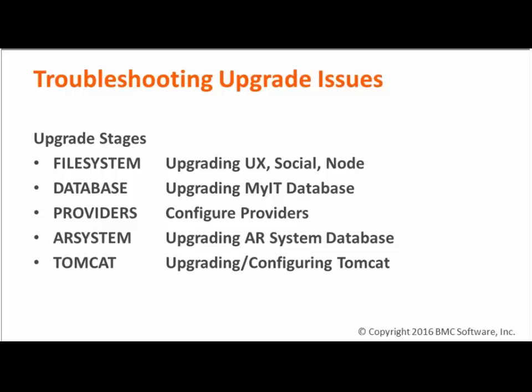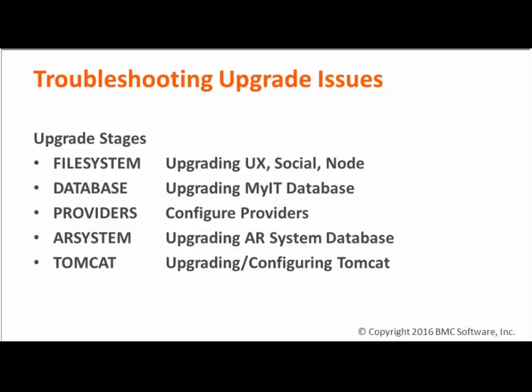So for example, as you can see here, in 3.2 the upgrade is run in stages. First it does the file system updates, and then it does the database update, the provider updates, the AR system update, which is basically importing the metadata for the AR integration, and then the Tomcat upgrade or configuration.